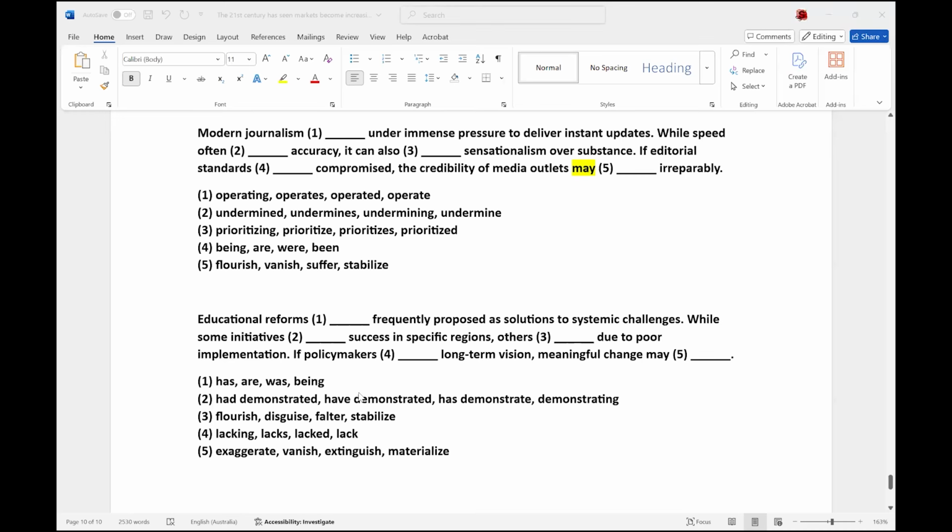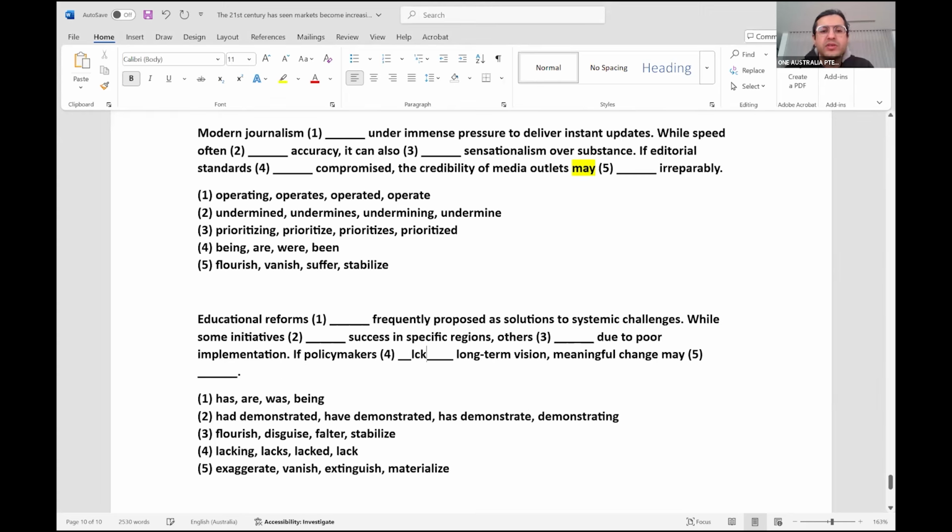Dramatizing, you're blowing things out of proportion. That is the meaning of to exaggerate. And materialize means something will become a reality. It will take place, come into existence. Change may materialize. But the fourth blank is lack, which means they don't have that vision. They are lacking vision, so it's negative.